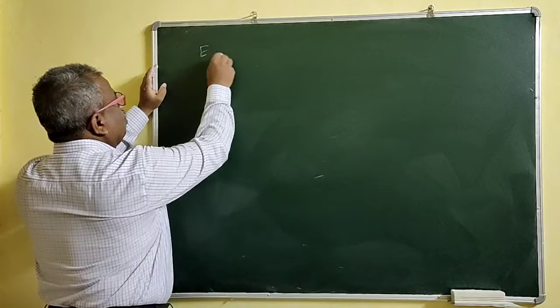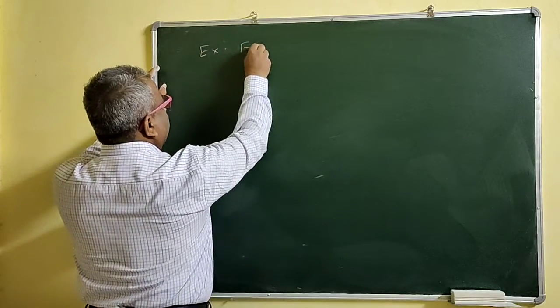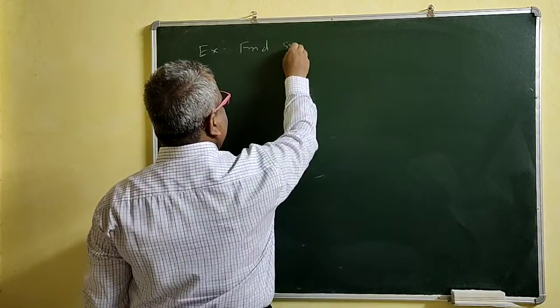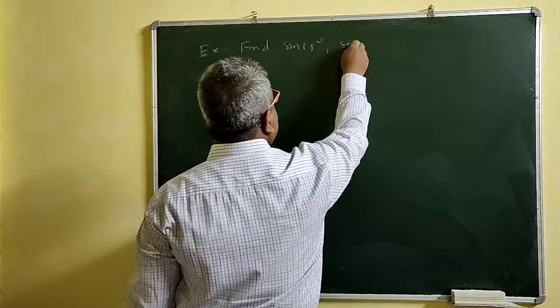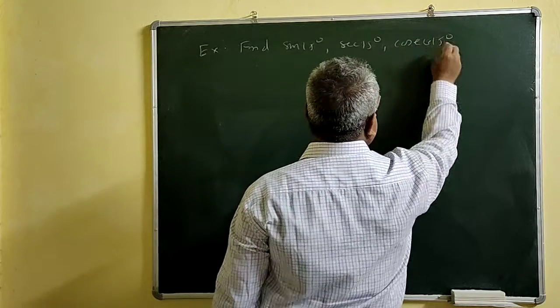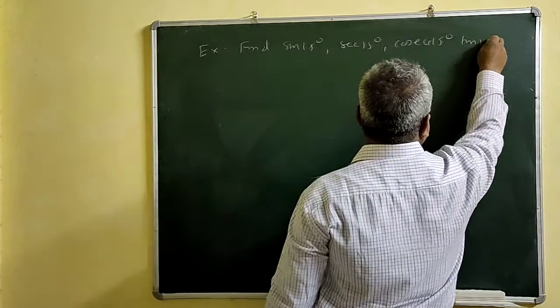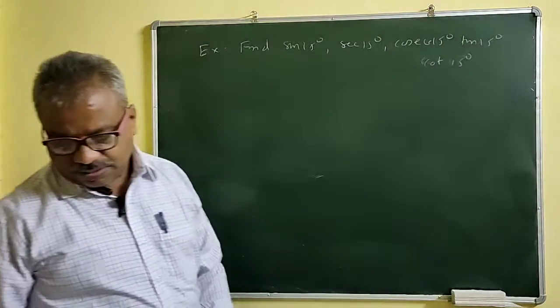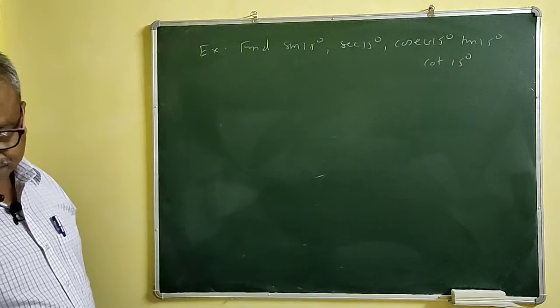So exercise: find sin 15 degree, sec 15 degree, cosec 15 degree, tan 15 degree, and cot 15 degree. I hope that you can do this one.